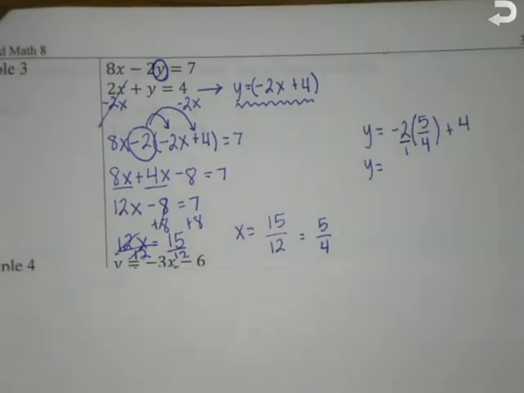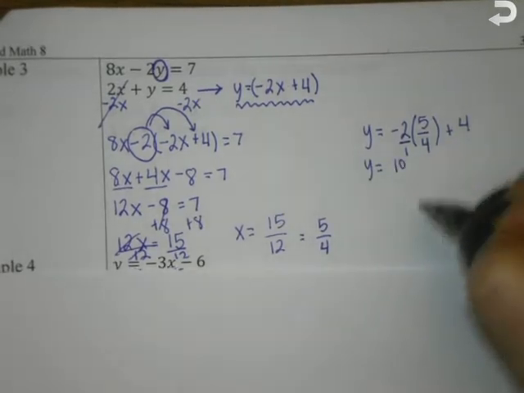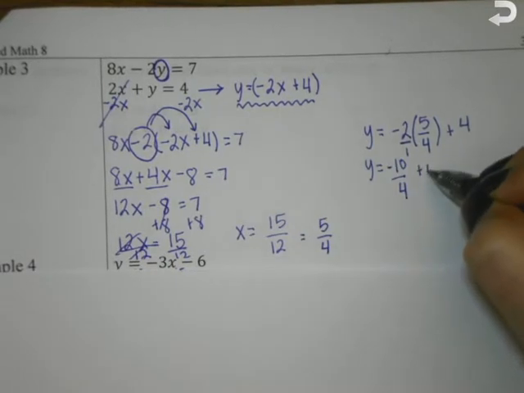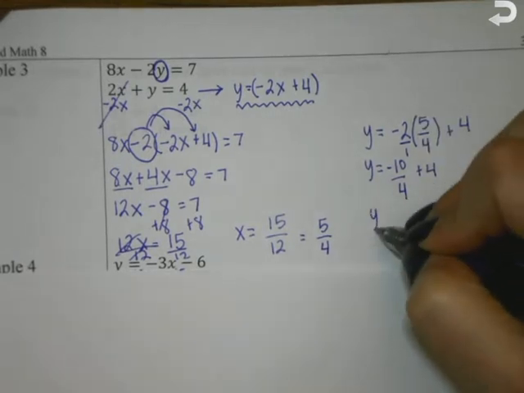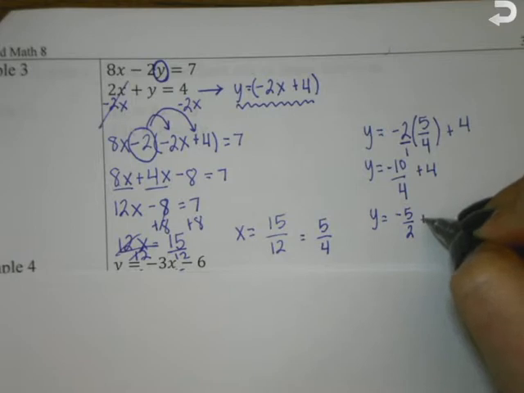And when we're multiplying, what do we get? 10 over 4. Positive or negative? Negative. Can 10 over 4 be reduced? Yes, by 2. So that's going to be negative 5 over 2 plus 4.